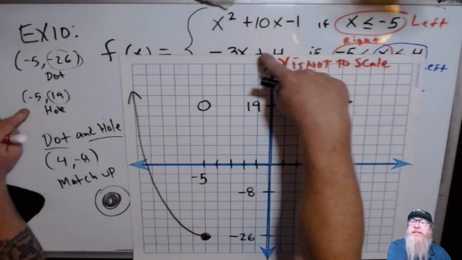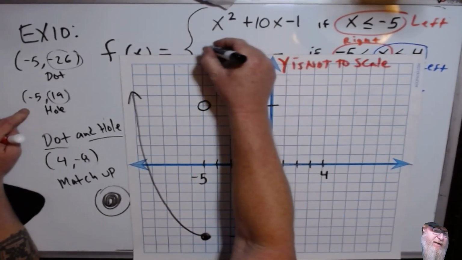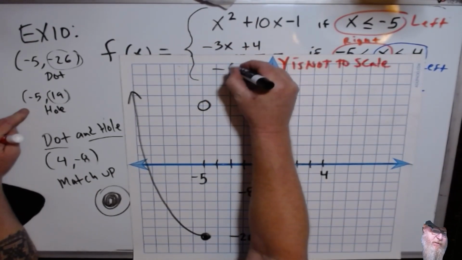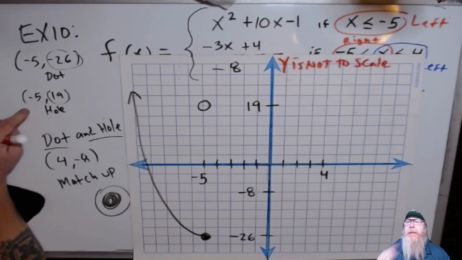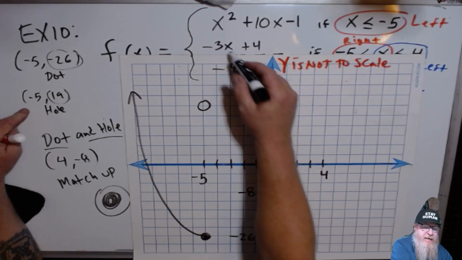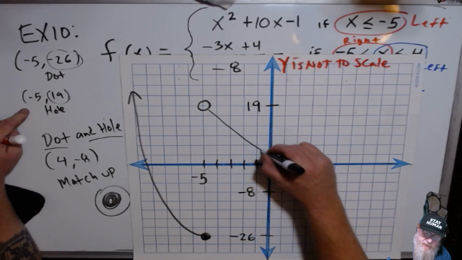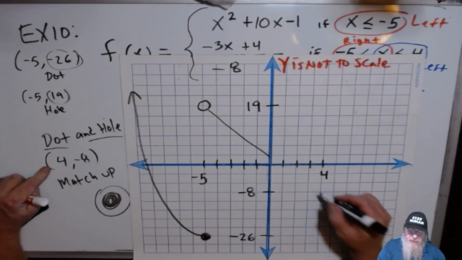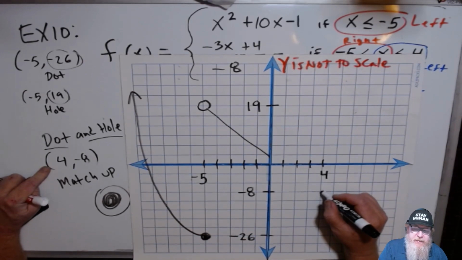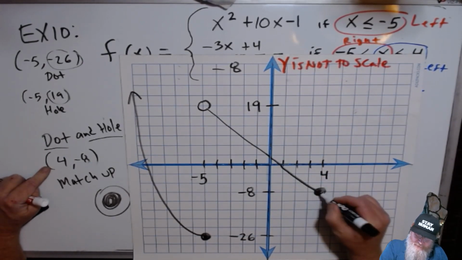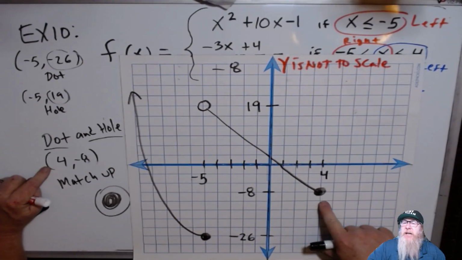That's the hole. It was a line. I know you can't really see it, but it's negative 3x plus 4. So that would be a negative sloping line, kind of going like this, all the way down to negative 8, where it would end with a dot.